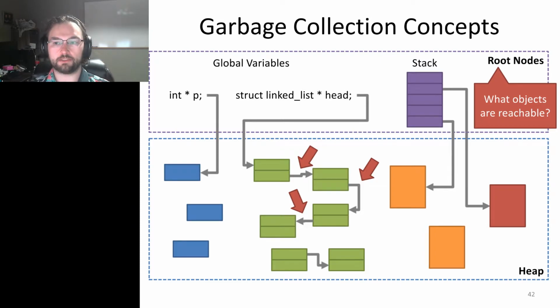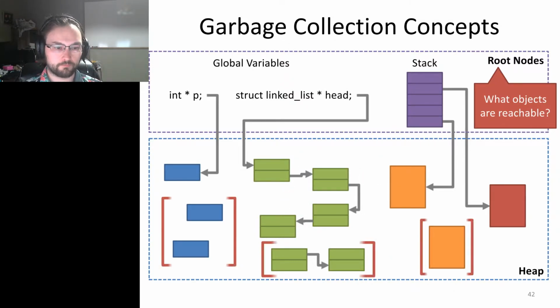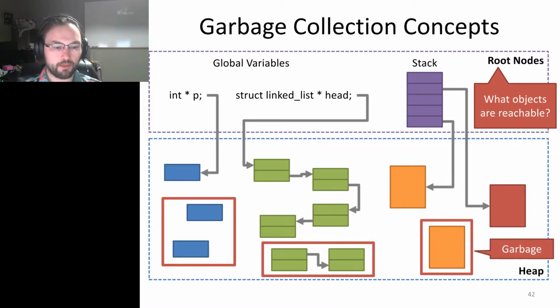Those are the places that might have references to the heap and might be keeping dynamically allocated heap objects alive. Stuff that isn't connected to the root nodes at all, stuff that we don't have a reference from the root to, or a reference from the root to some object that then indirectly through some chain has a reference to these objects, we call those garbage, and we can safely clean those up.